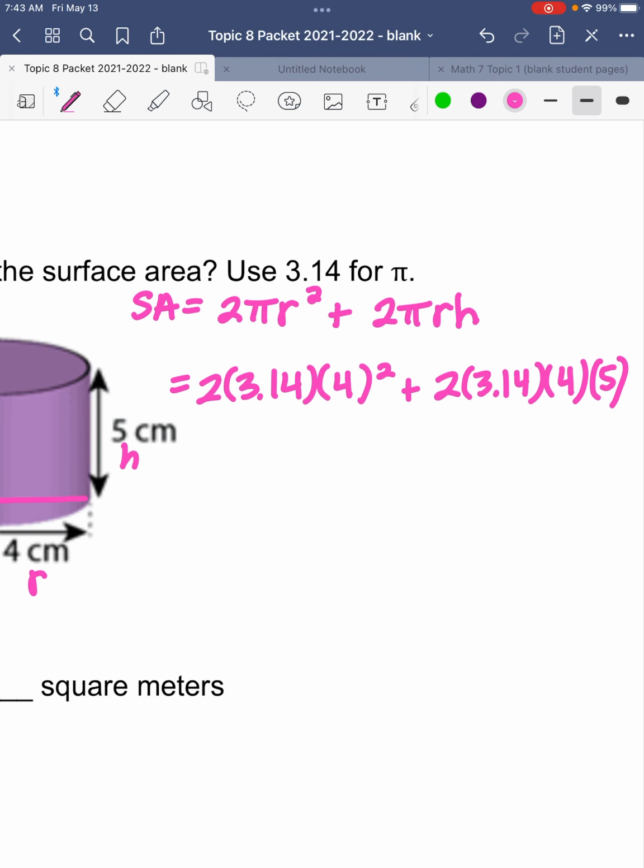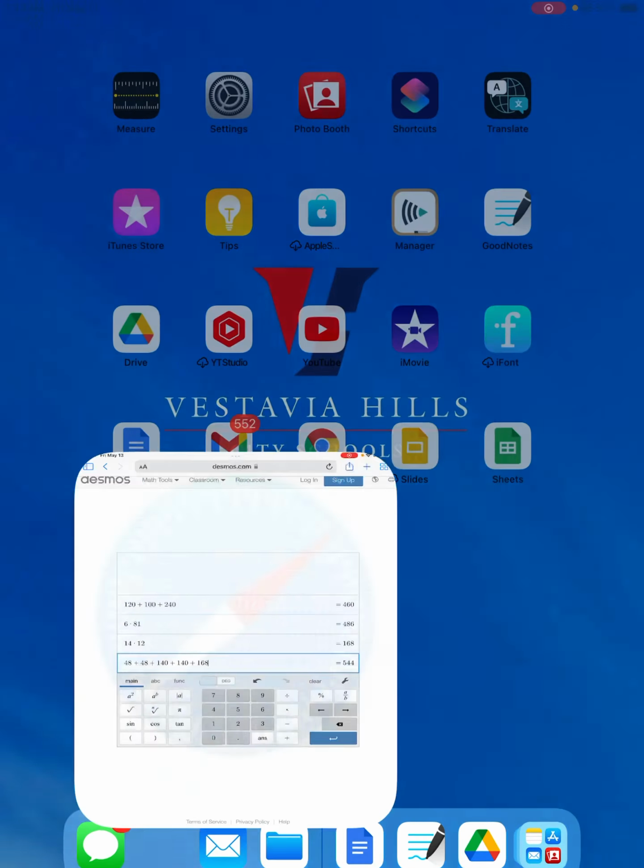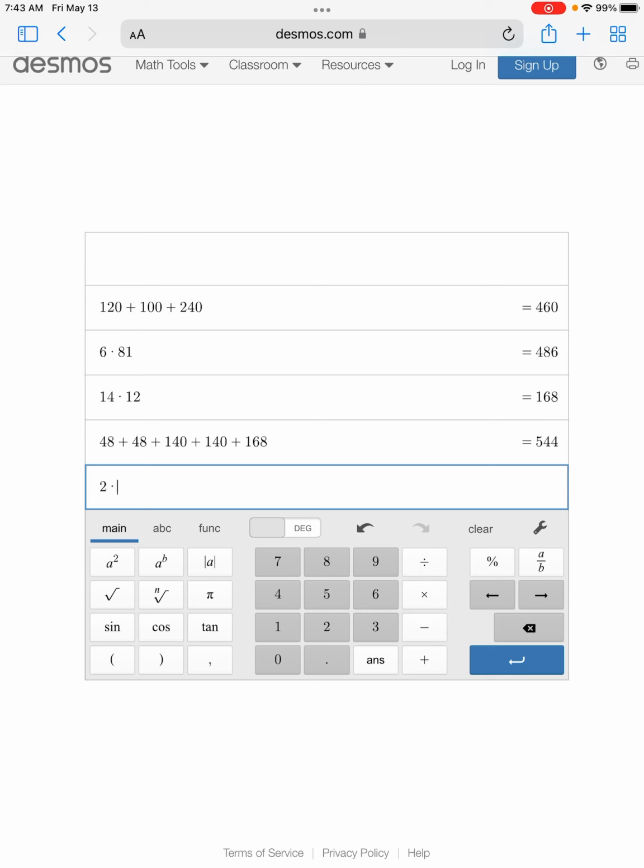So now I'm just going to plug this into my calculator. I can do it all at one time, or I can do it piece by piece. It doesn't matter how you want to do it. I think I'm going to do it all at one time. So we have 2 times 3.14 times 4, which I need to square. So I hit that a squared button. Okay, that's my first piece.